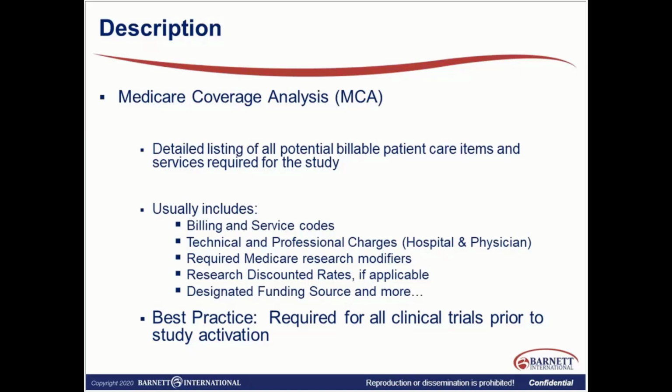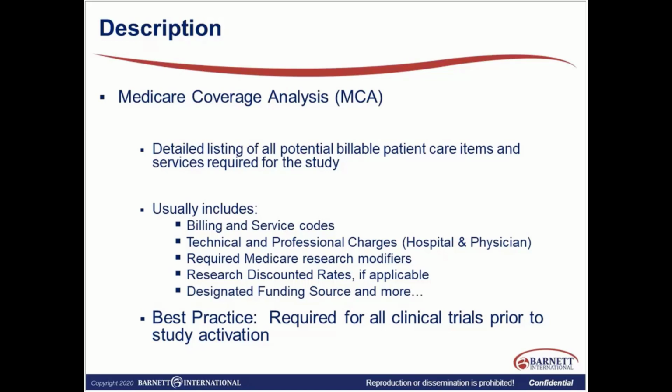The other thing it can include is any particular research discount rates. I know a lot of organizations will hear from a sponsor that their site is very expensive, and the sponsor will ask them to discount the charges down from their actual charge master rate.